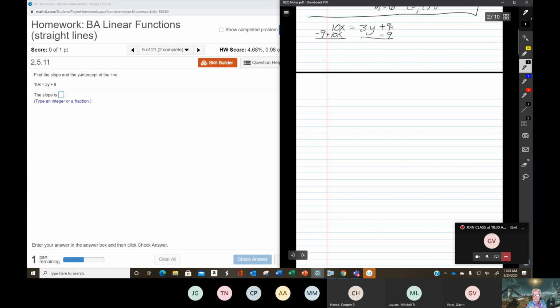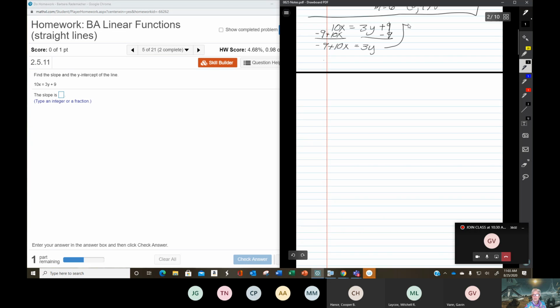9 minus 9 is 0. I'll have 3y equals -9 plus 10x. Now, I agree with you that this looks weird because it's not the way we usually see it.